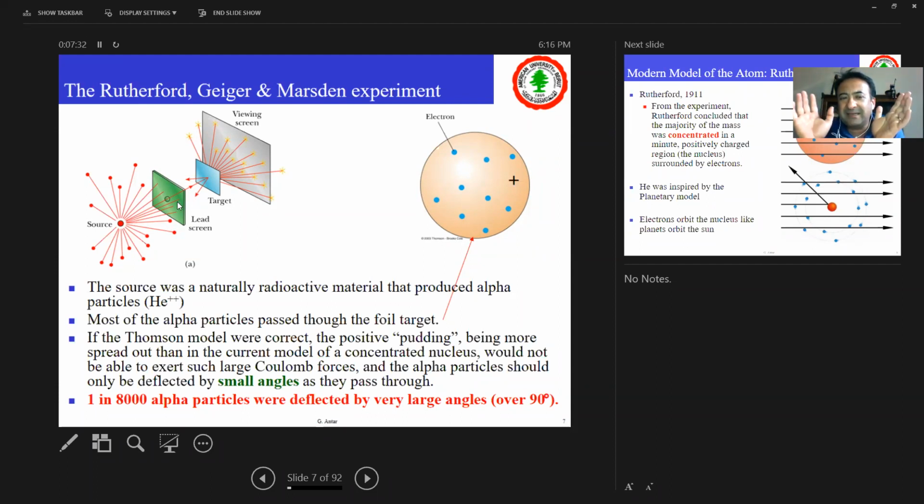The lead screen only allows the helium-2+ or alpha particles which are going in one given direction. So only those going in one direction are allowed to hit the gold foil. The gold foil was used, and so they interact with it.